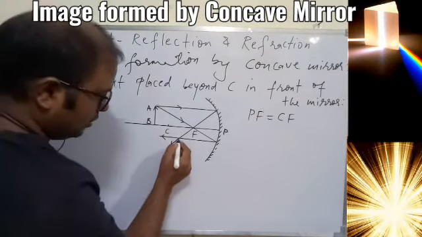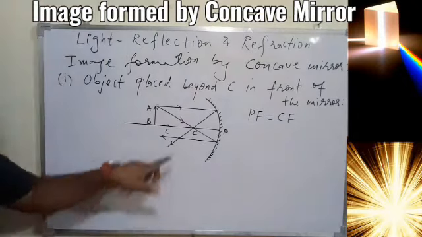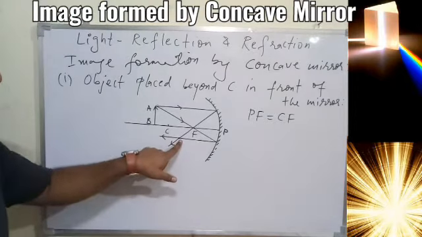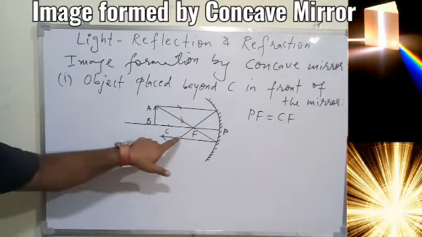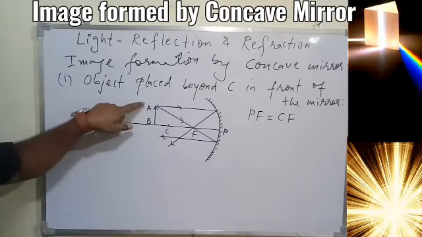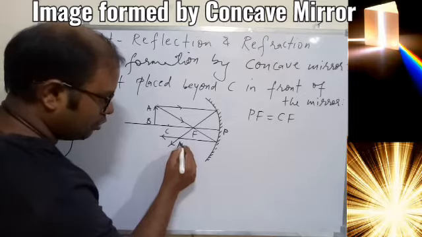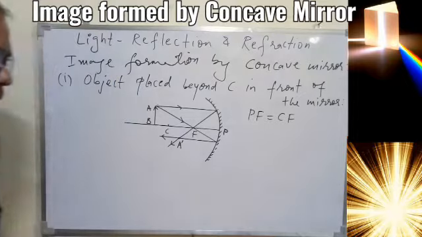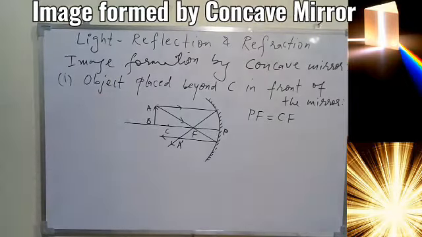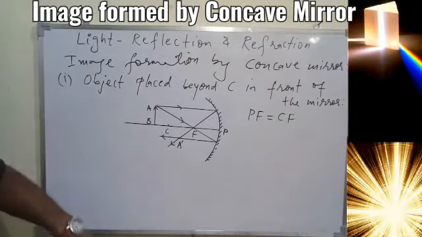Now what you see, these 2 rays are meeting at a particular point here. This is the position where the image of point A is formed. So we can say this is nothing but the image of A, which is A prime. For B nothing needs to be done, since A has been shifted down.